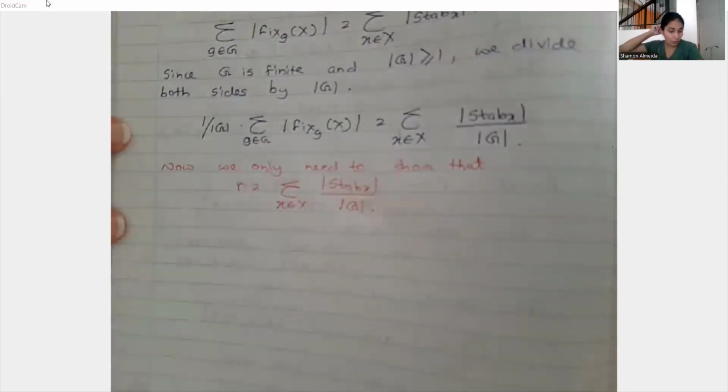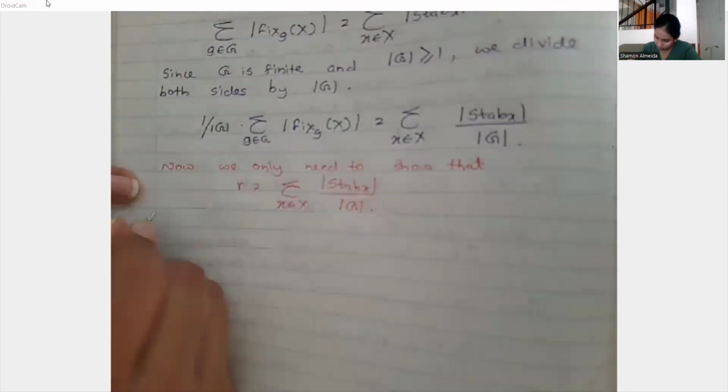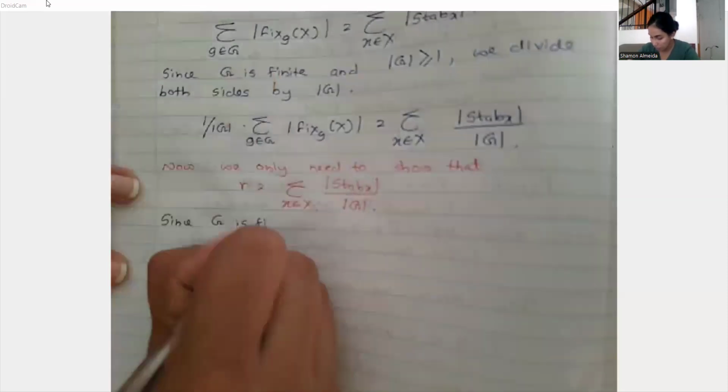Right. Now what we are going to do is, given that G is a finite group, we will employ once again the orbit stabilizer theorem, right? We have written G is finite over here also, so no need to write it again.